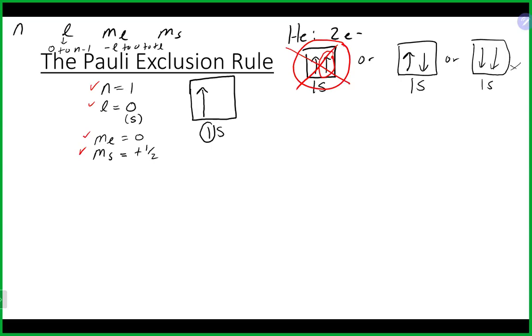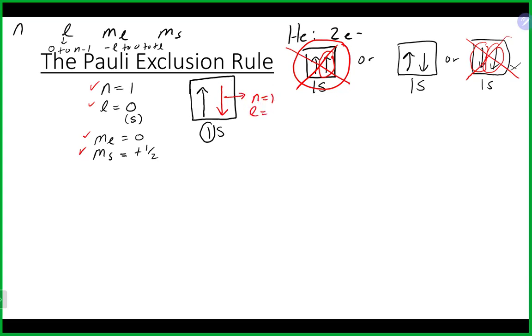We won't go through the numbers here, but if they're both pointing in the same direction and in the same box, they would share the same four quantum numbers. So the way we get around it is when the second electron comes in, it would be pointing in the downward direction. Now in terms of the quantum numbers for this red one, n is still 1.